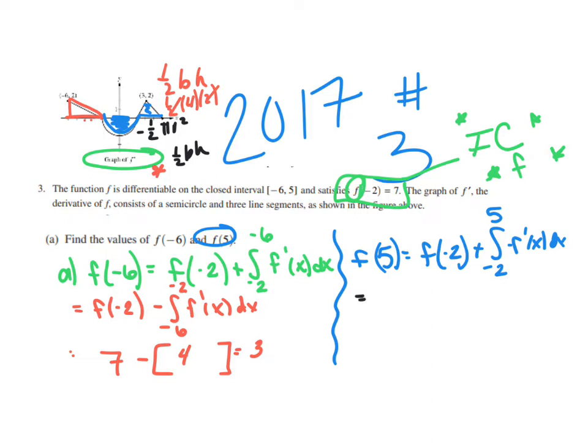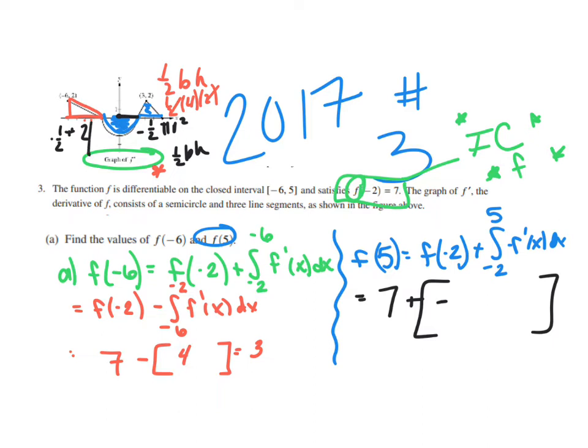So I'm going to start with my f of negative 2, which we said is 7, plus whatever I get for this section. I'm going to go back to my semicircle. That's negative 1/2 pi, it looks like the radius would be a radius of 2. Oops, I didn't square it. I'm sorry. So that would be 4.